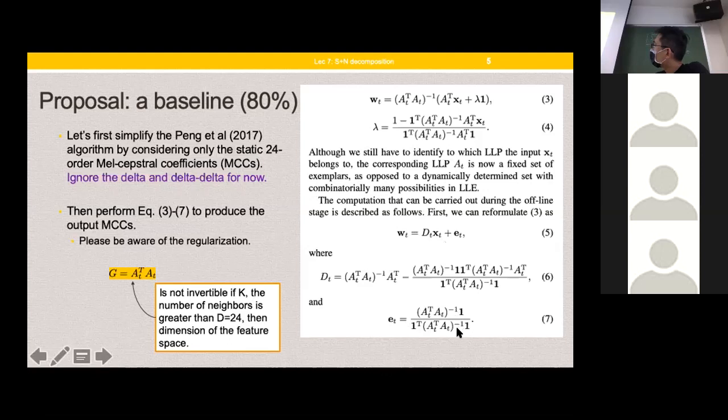Then basically we can determine the weight vector from the input. When we have the input right here, you apply a linear transformation. This is a linear transformation, right?